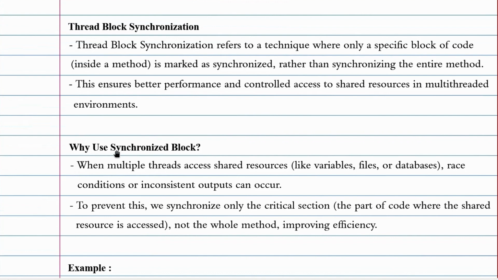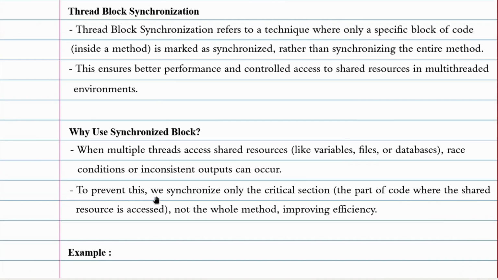Let's see why we use the synchronized block. When multiple threads access shared resources like variables, files, or the database, race conditions or inconsistent outputs can occur. Suppose multiple threads are accessing the same resource, and if we do not use a synchronized block, then the output that we get will be corrupted data.